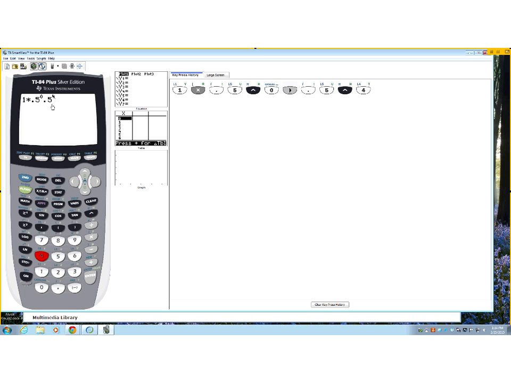That's 1/2 to the 4th. 1/2 times 1/2 times 1/2 times 1/2. That's 1/16. So that's what I would expect to get here. 1/16, that 0.0625 is 1 out of 16. All right, so I'm going to go ahead and do second enter. That's just going to copy the previous line because I don't want to have to type that in all over again.